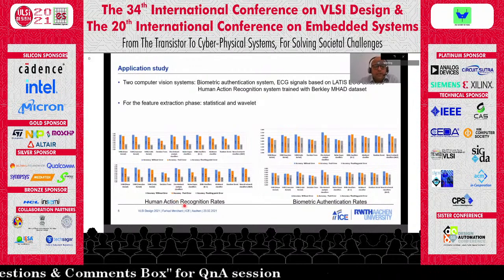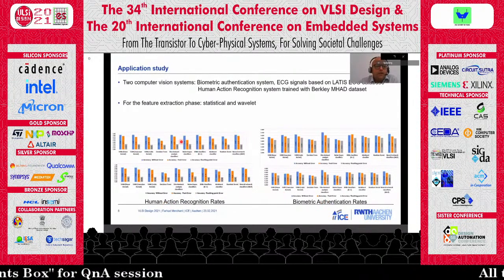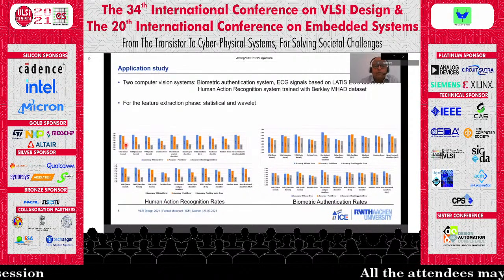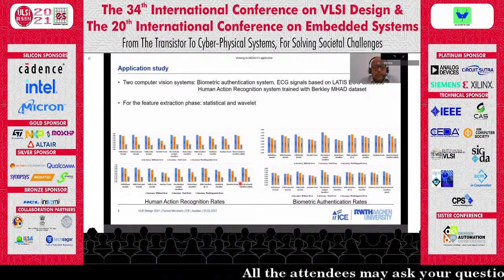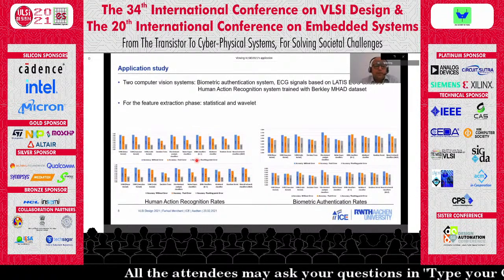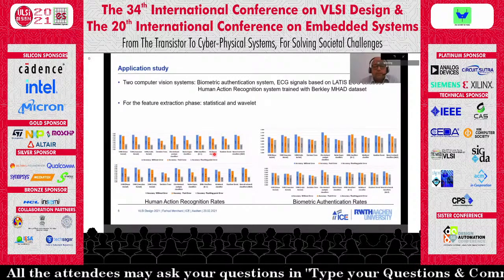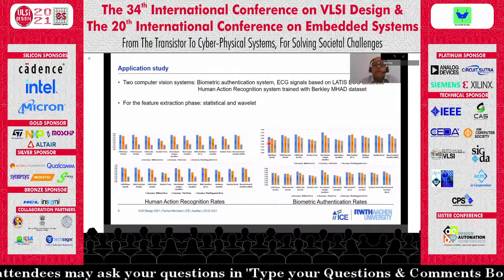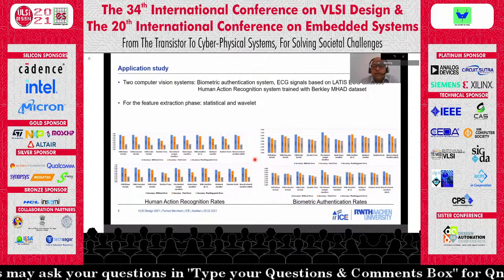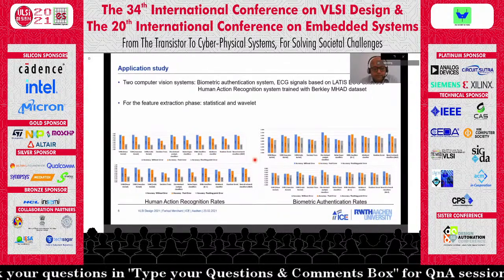What we observe is that for both systems, the recognition rates are higher for POSIT when we have a single bit flip compared to IEEE 754 compliant numbers. Here, what you see in gray is for IEEE compliant format, what you see in orange is for POSIT format, and what you see in blue is without any bit flip.